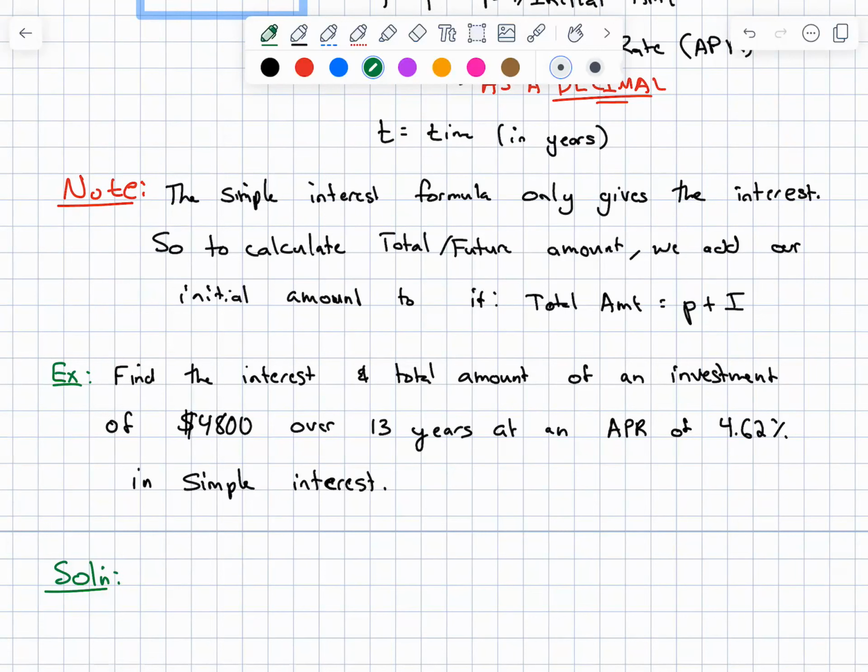Find the interest and total amount of an investment of $4,800 for 13 years at an APR of 4.62% in simple interest. Okay.